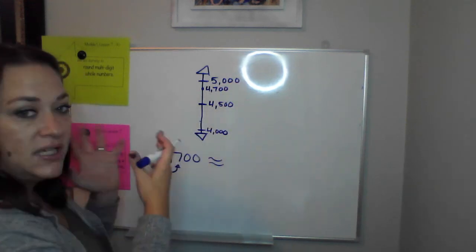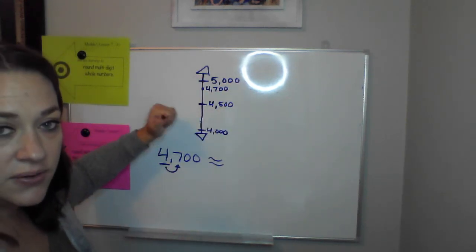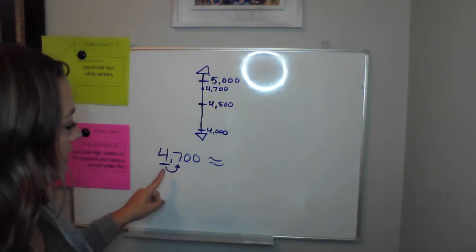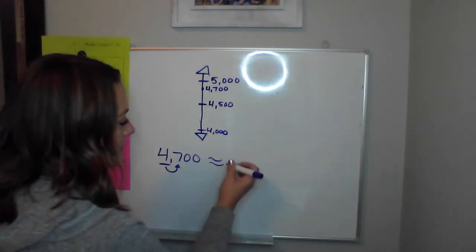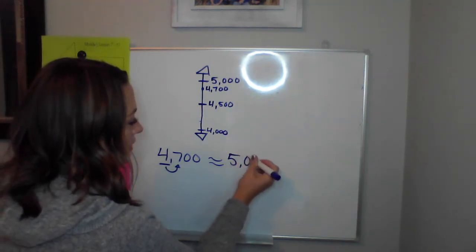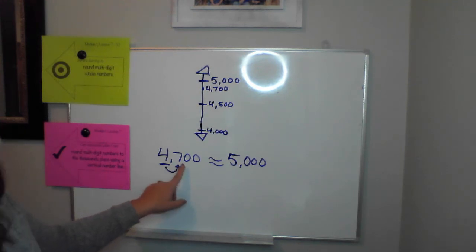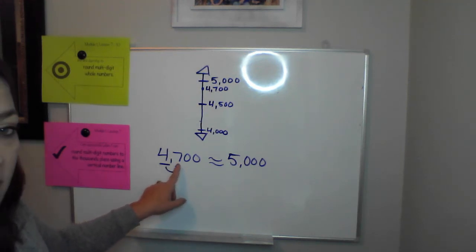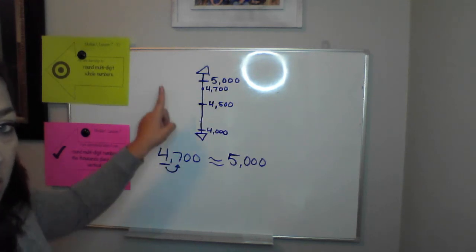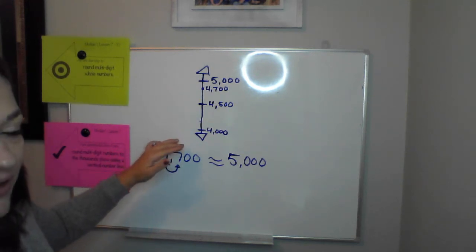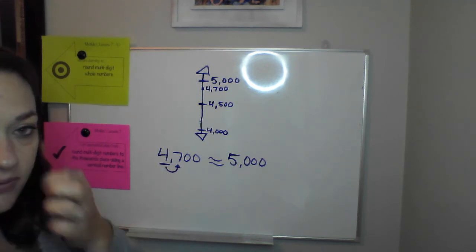And then we can visually see it's closer to 5,000 than 4,000. So that means we would round 4,700 to the nearest thousand to 5,000. And again, if we think of our rounding rules, if the number to the right is 5 or more, you round up. If it's less than 5, we round it down like our last one.